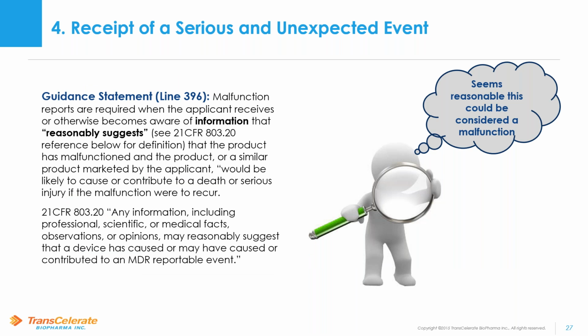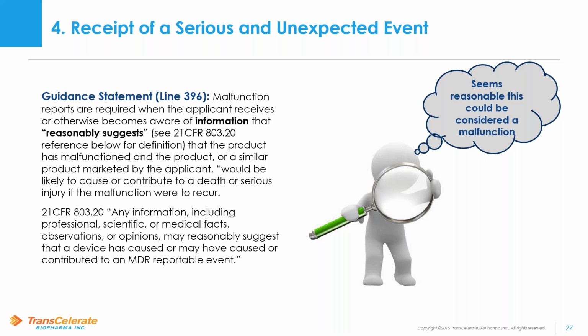So for combination products that contain a device constituent part, malfunction reports are required when you become aware of information that reasonably suggests that your product malfunctioned and it would be likely to cause death or serious injury if the malfunction were to recur.